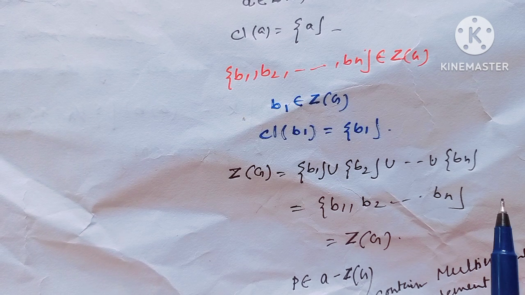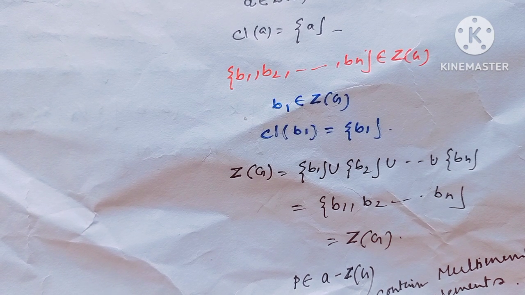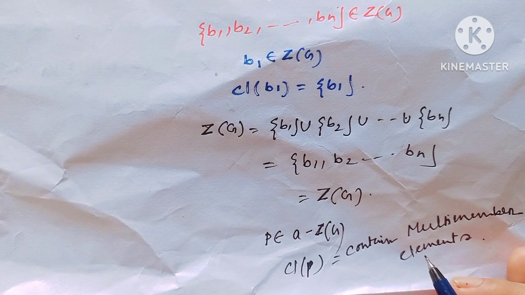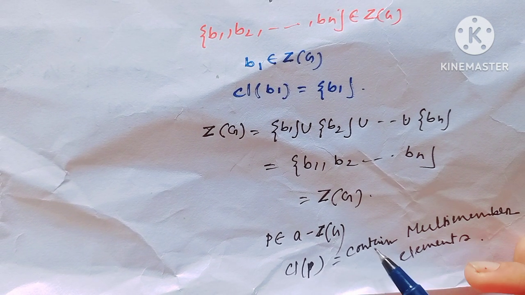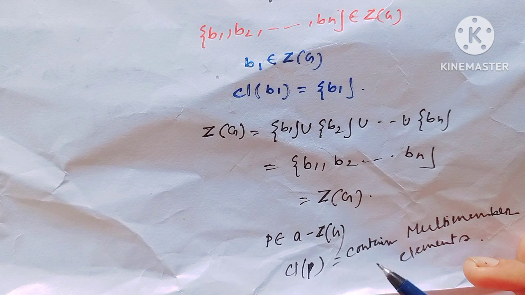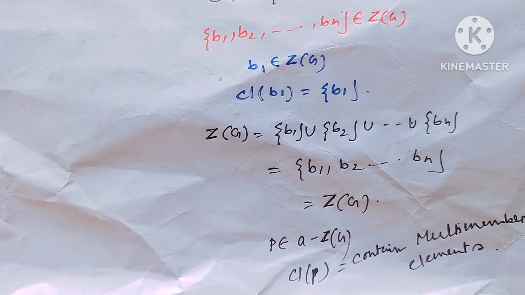When it contains Z(G), then this contains only a single element. But when it contains A minus Z(G), then if P belongs to A minus Z(G), that implies the class of P contains multi-membered elements.